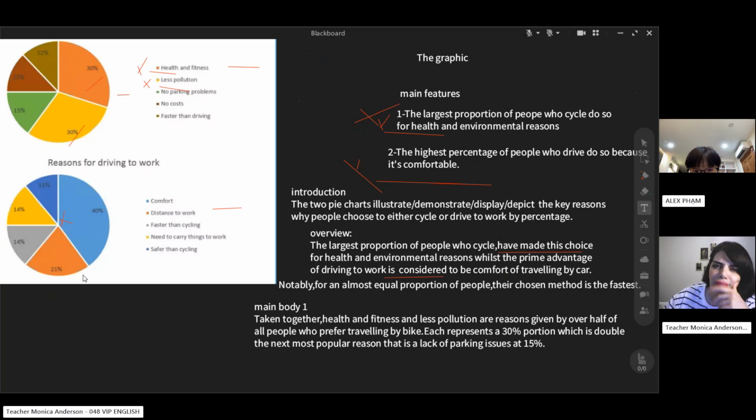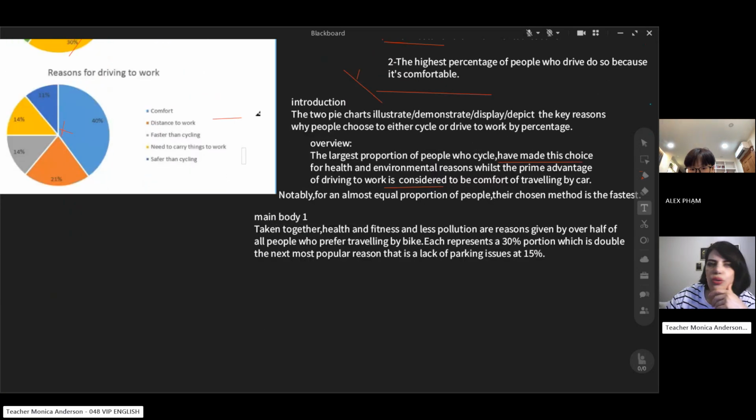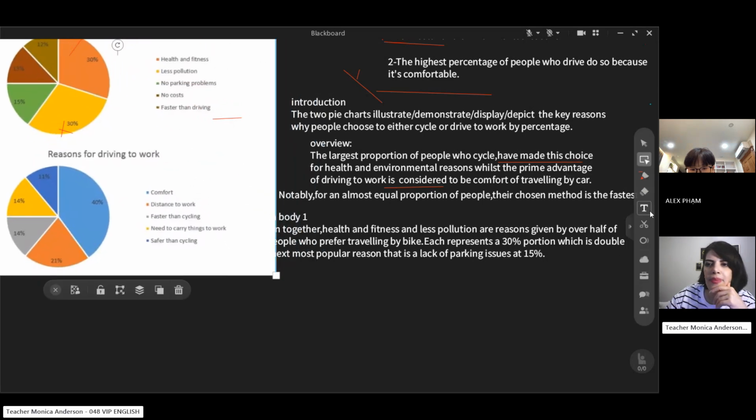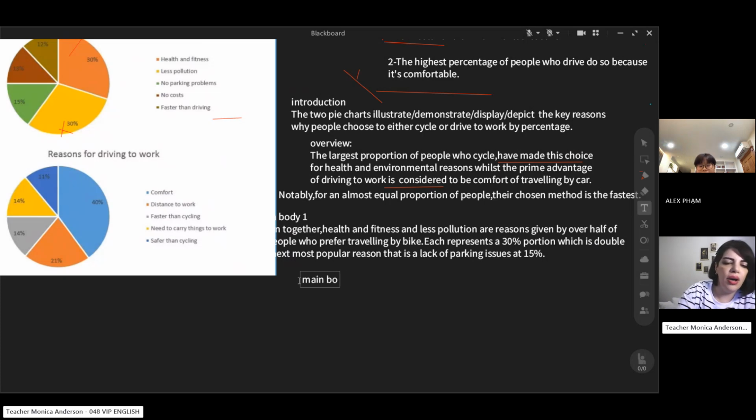Well, let's have a look at the second one. Main body two, paragraph 4, the last. Tell me, do people who drive to work have the same concerns as the people who ride a bike, do you think?